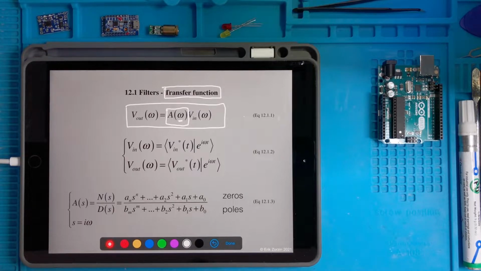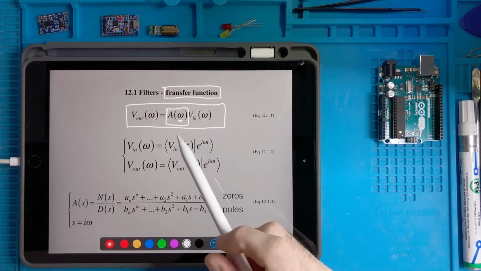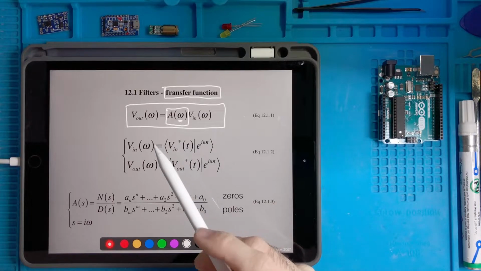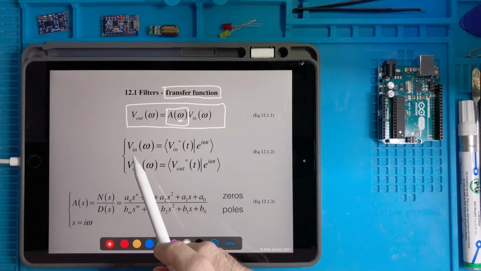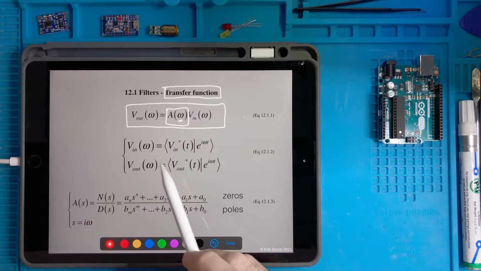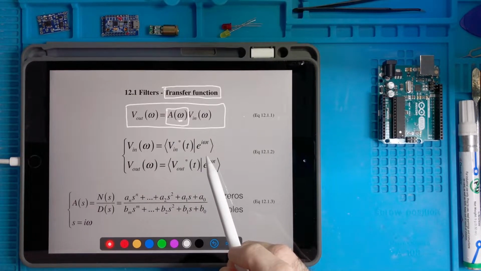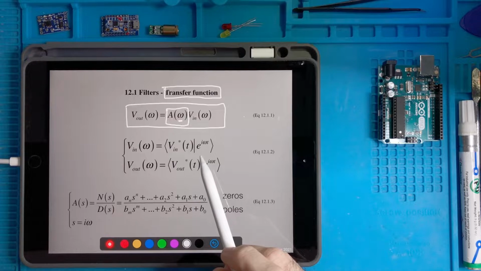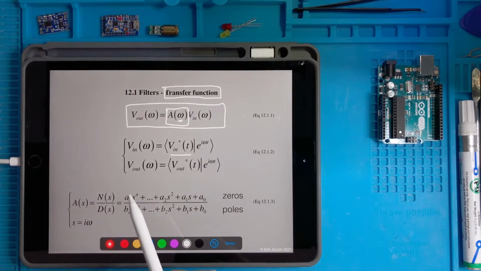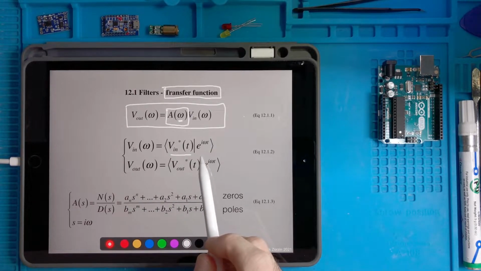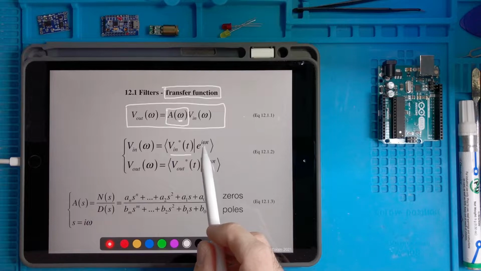So in order to be able to describe this object, we write the input like this. So we make use of the Fourier transforms. We have a voltage which is varying in time, the input. We compute the Fourier transform, and for each omega we get a number.